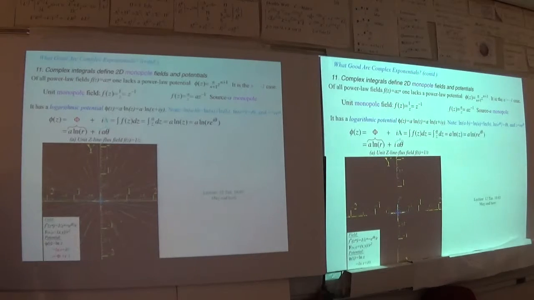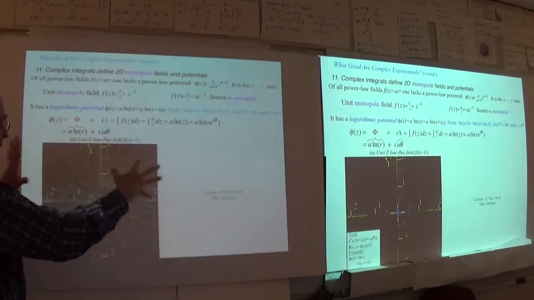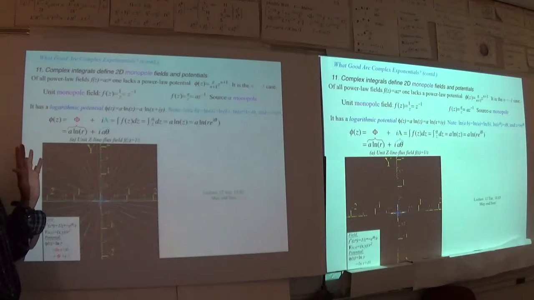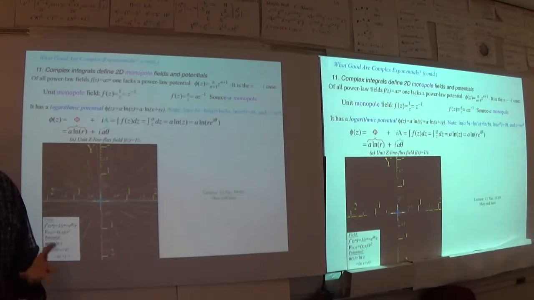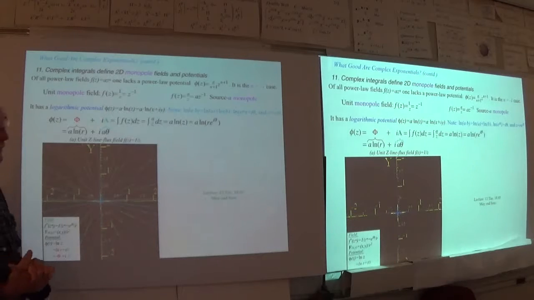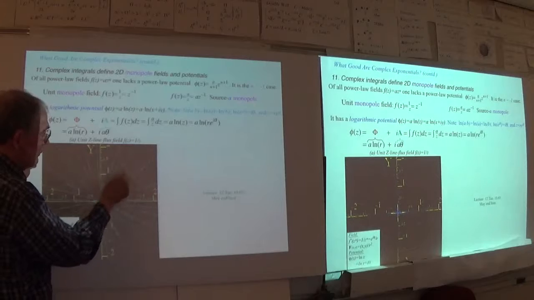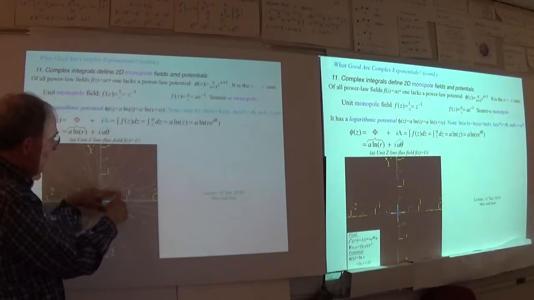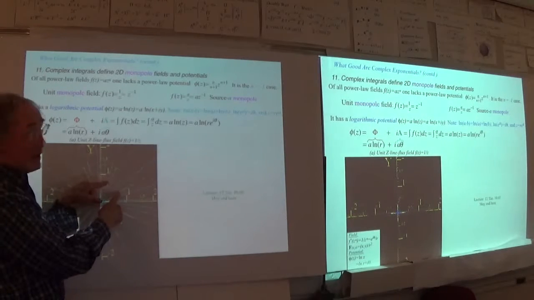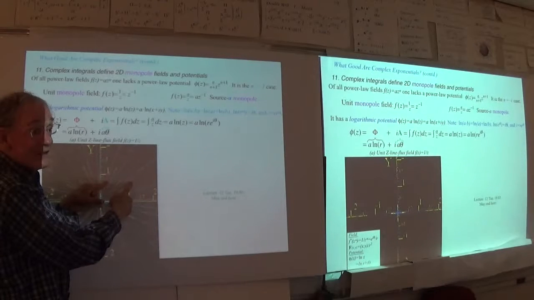But in any case, this is a case where it looks like this thing has divergence to spare, right? I mean, these arrows are diverging, are they not? But that's not the definition of the divergence. The question is, if I draw a circle or a rectangle or any sort of closed curve here and ask how much went in this side compared to what came out of this side, okay?